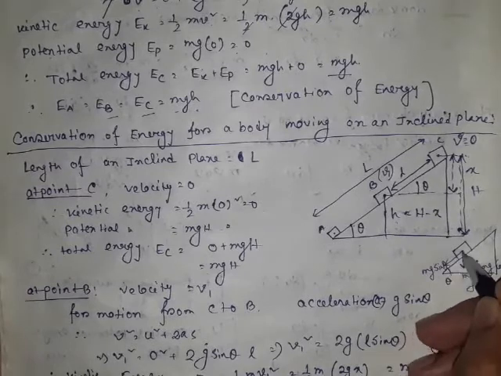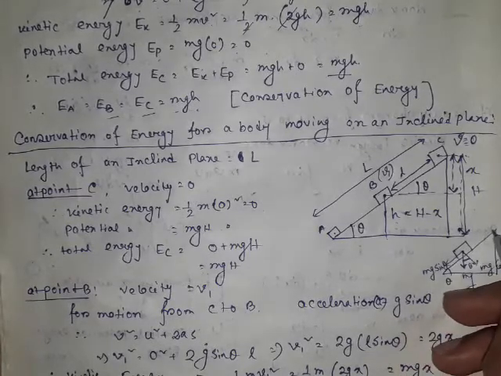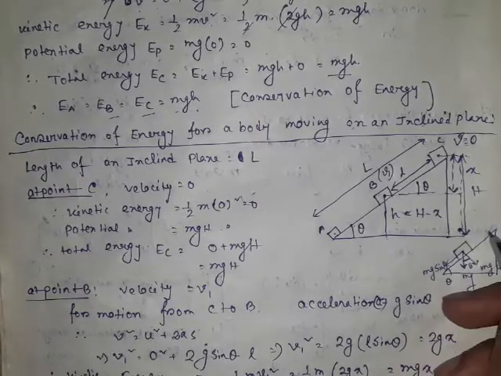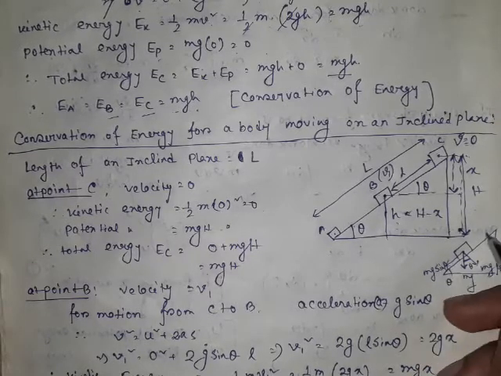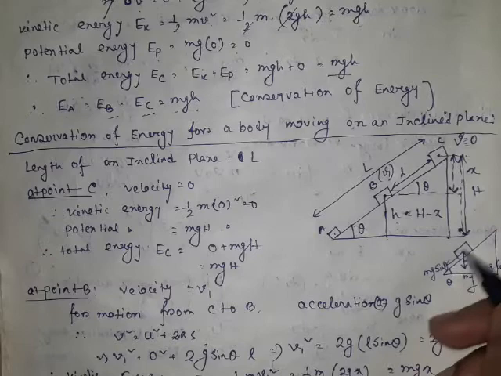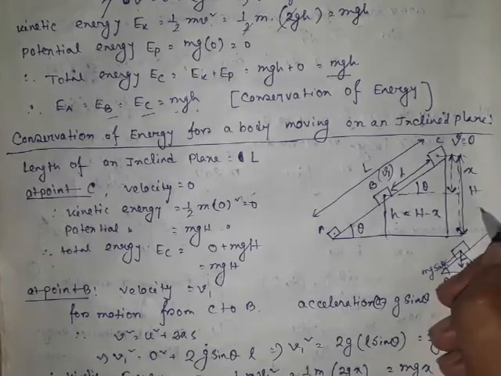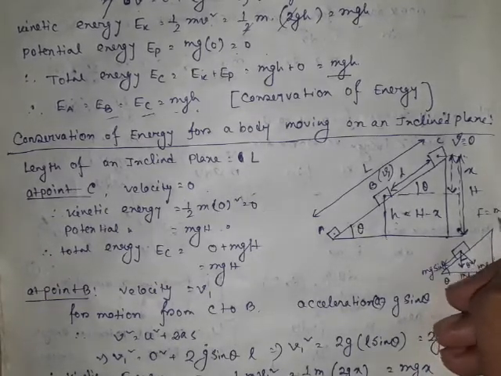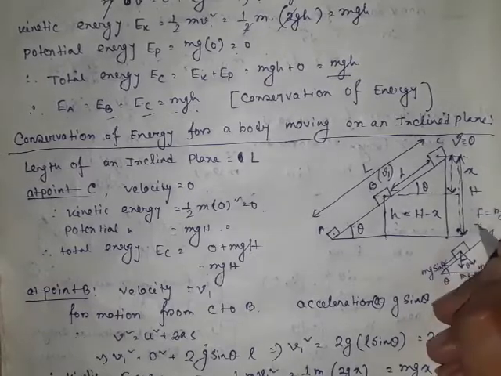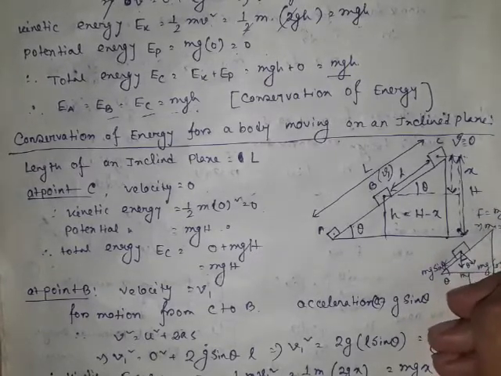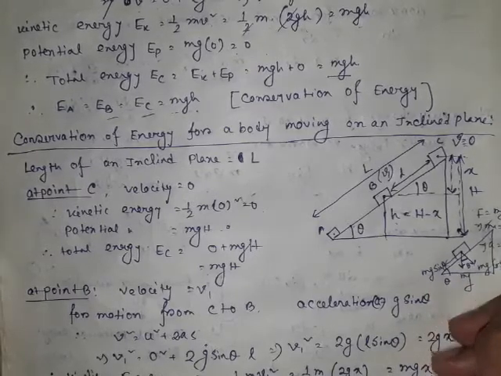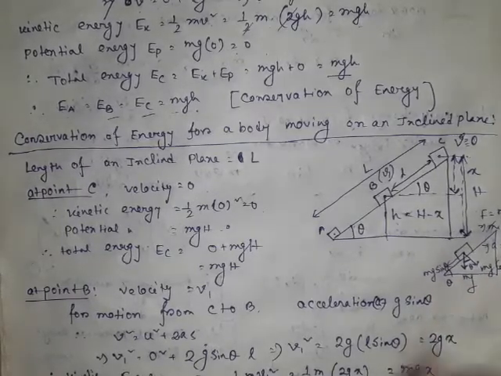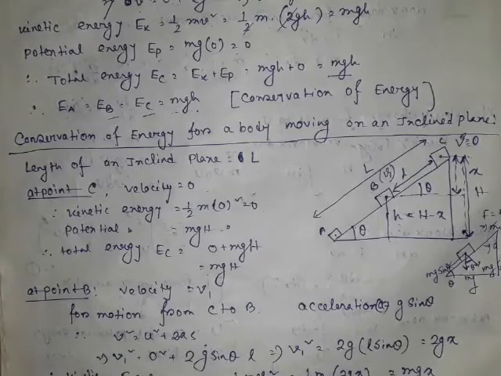Now you can see this mg sin theta will pull the object along this inclined plane. So there will be a net downward force mg sin theta along the inclined plane. So total force F equals mg sin theta. F is m into a equals mg sin theta, and this m will cancel and a will be g sin theta. So that means acceleration of any object on an inclined plane is g sin theta.